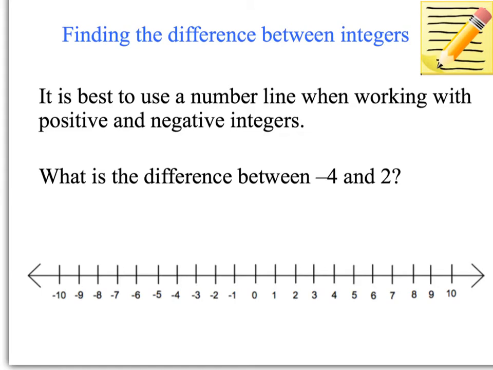So we need to start at negative 4 and count how many numbers we need to jump to get to 2. So we've got 1, 2, 3, 4, 5, 6. So the difference between negative 4 and 2 is actually 6. Alright, so we've got 4 to count to get back to 0, and then we add 2 more on because we're positive 2. So that's how we got to 6.